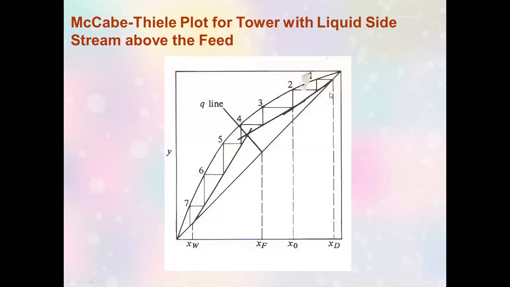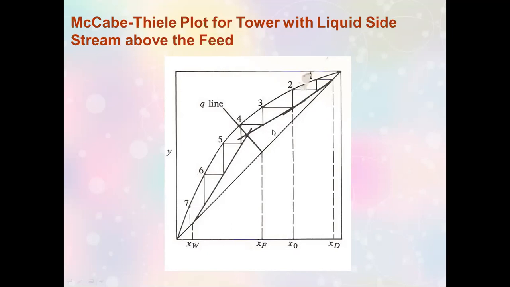You will have your enriching section operating line, the first line that you are seeing here, the operating line for your side stream, this one, your stripping section operating line, and your Q line. So it will now require another operating line, and of course it adds to the complexity of dealing with the problem, but this is discussed in Chan Kupli, so for you to have an idea, this would be possible.